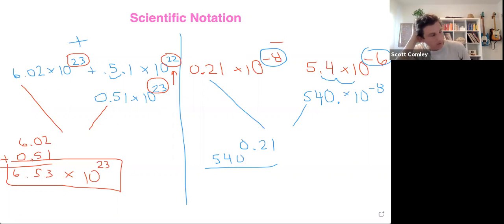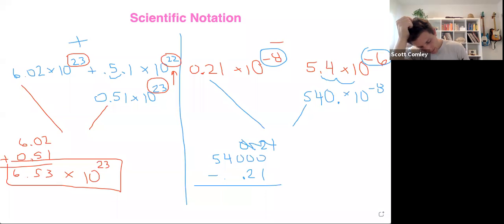Well, we're doing a small number minus a bigger number, so we're going to be negative. What we can do is switch the order. So 540 minus 0.21, and then make the answer negative. We're going to have to borrow a bunch. 10 minus 1 is 9. 9 minus 2 is 7.